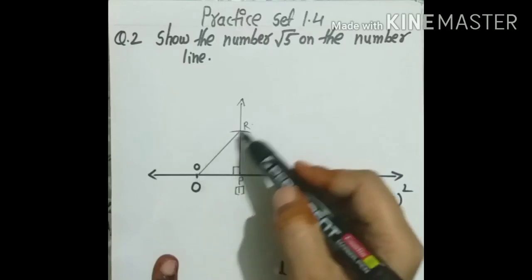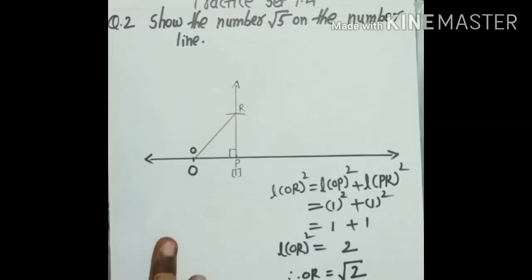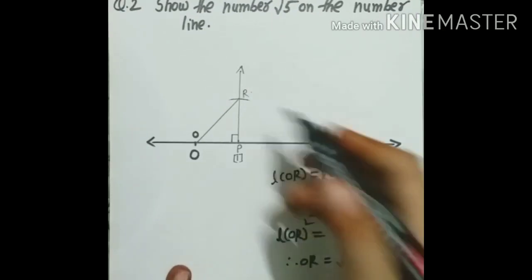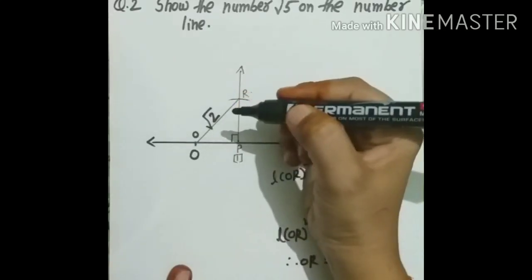But we have to find only OR. This square moves over and converts into square root. OR equals square root of 2. Means this distance OR equals root 2.